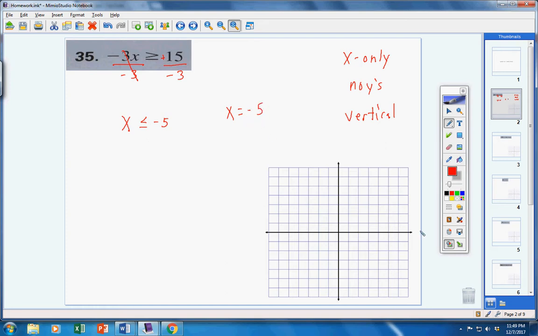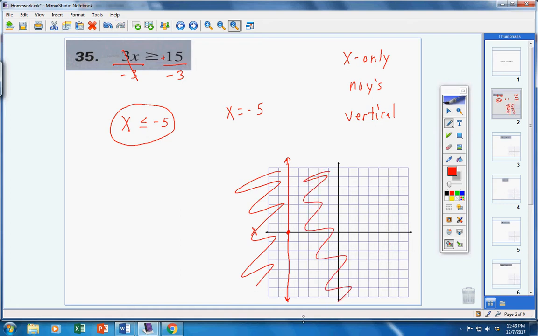And so we go to the x-axis at -5, and we draw a vertical line through there. Now, will that vertical line be solid, or will it be dotted? We'll go back over here. We have an equal sign here with our inequality symbol, so it'll be a solid line. Now, do we shade over here, or do we shade over here?